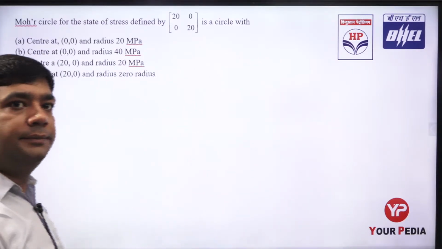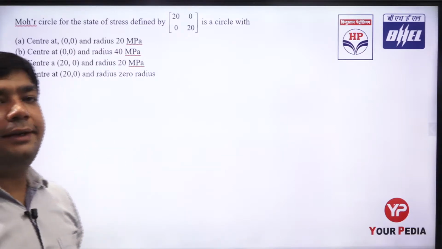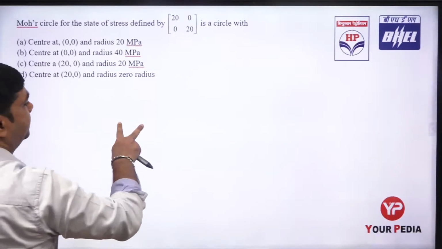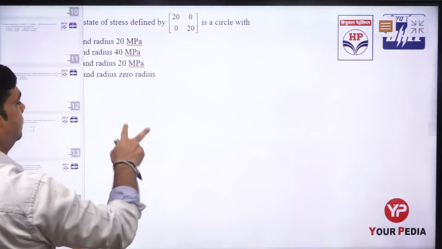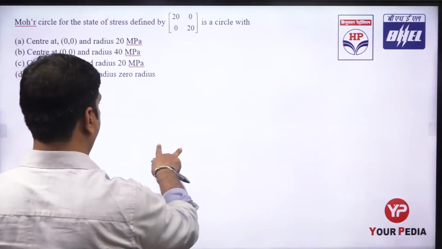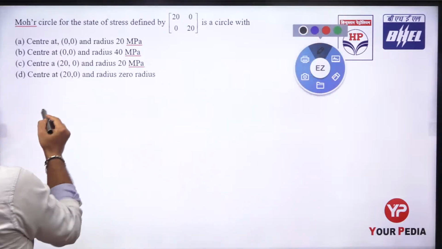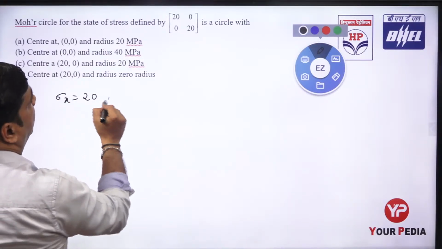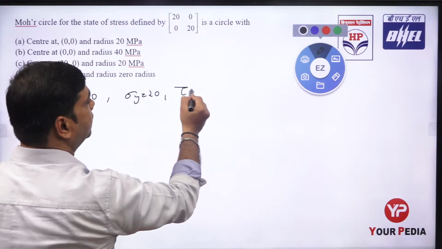So the question is that Mohr circle for the state of stress defined by this 20, 0, 0, 20 is a circle with क्या इसके center हो गया, what is the center and what is the radius of the Mohr circle. If I see this, so we know about this, that is the center of the Mohr circle. यहाँ पे सिग्मा x की वैल्यू कितनी है, that is 20 मेगा पास्कल, एंड सिग्मा y की वैल्यू कितनी है, that is 20 मेगा पास्कल, एंड the tau xy या tau yx equals to 0.